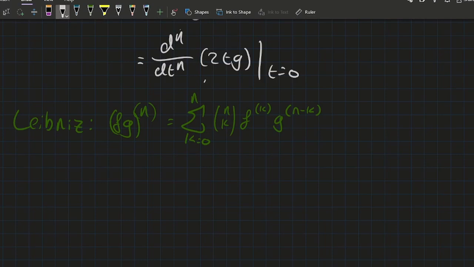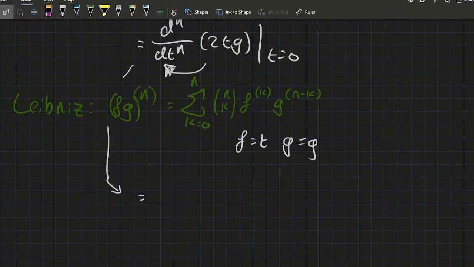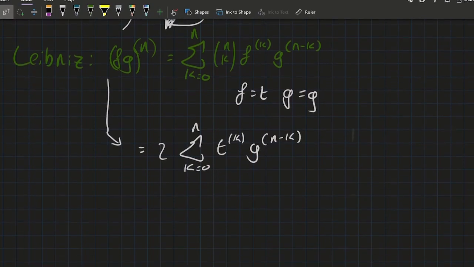So we can take out the 2 because that's a constant, and let f equals t and g equals g, which is lovely. So our expression now becomes 2 times the sum from k equals 0 to n of the binomial coefficient times the kth derivative of t times the n minus kth derivative of g.